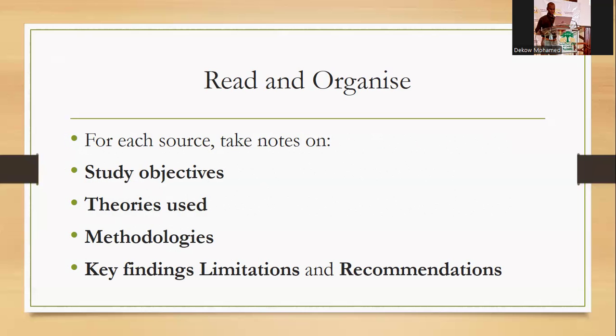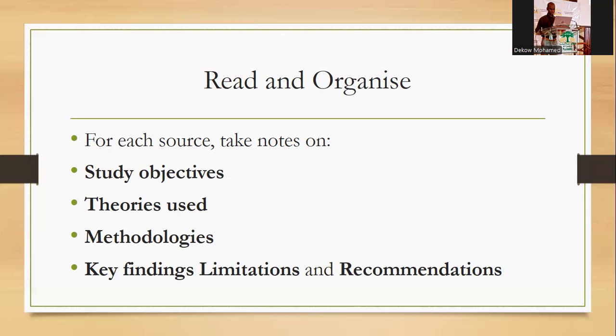This means for each source, you take notes on the study objective, theory used, methodologies, the key findings, limitations, and recommendations. So when you are reading, you don't just read the whole document. You focus on the objectives, the theories, the methodologies, and what are their findings? What do they find about their conclusions?